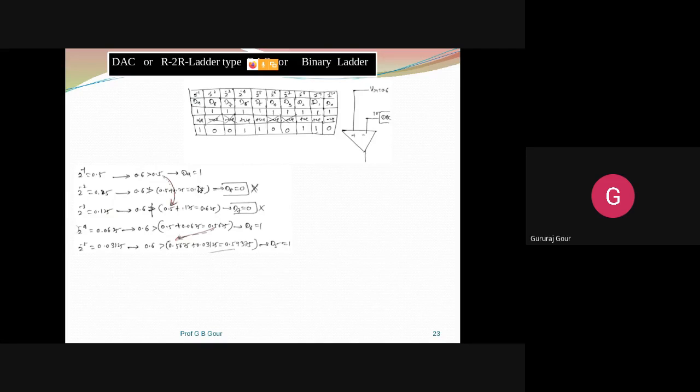Next we'll go for the D8 position. Its weight is again divided by 2, that is 1 by 2 and by 2, that is 1 by 4, that is 2 to the power minus 2. So this will become the present weight 0.25. This will be added cumulatively with the weight where the last bit was set.